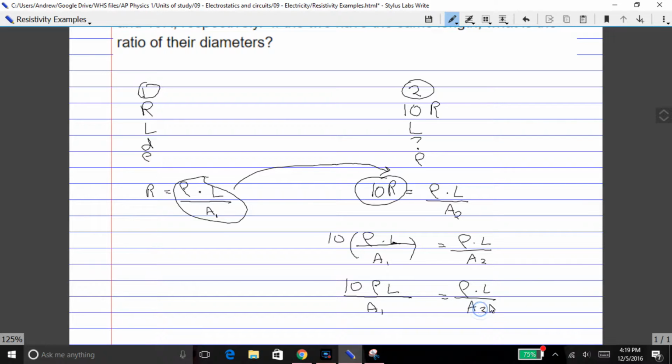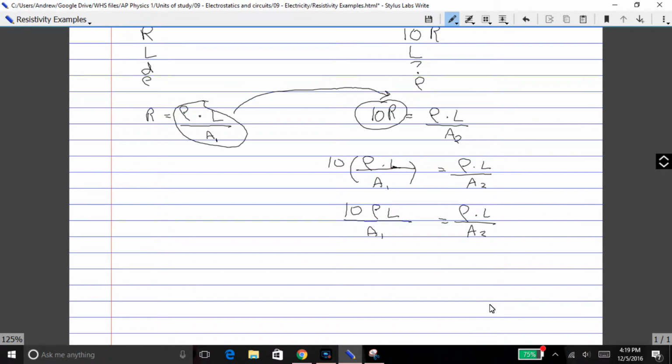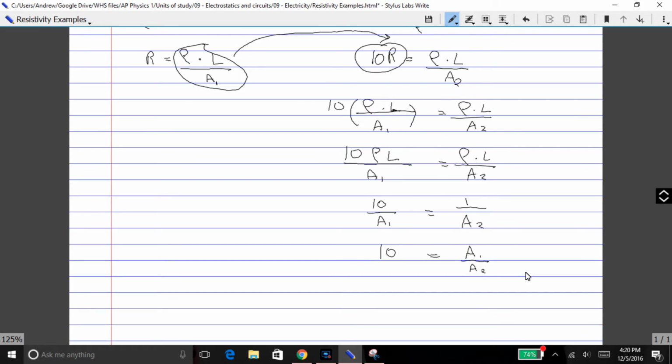I can divide both sides by rho, divide both sides by L, and get 10 over A1 equals 1 over A2, or simply 10 is equal to A1 over A2. Okay, so we know that A1 is 10 times larger than A2. So that first wire has 10 times the cross-sectional area that the second wire does.